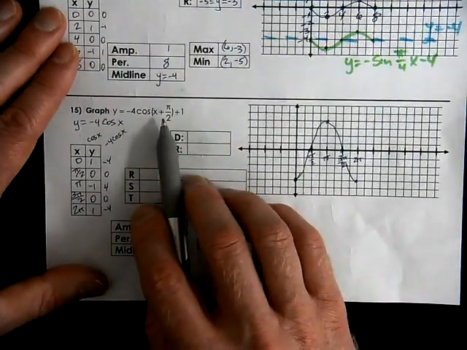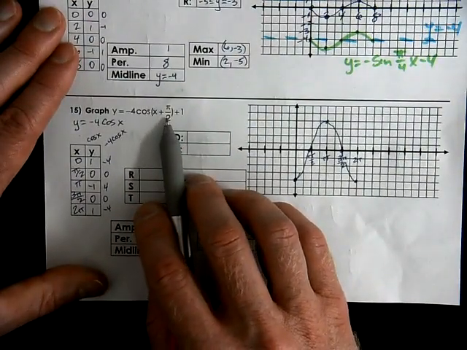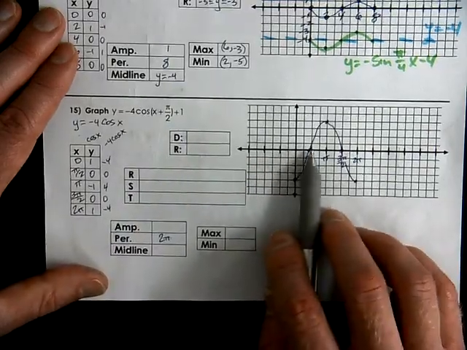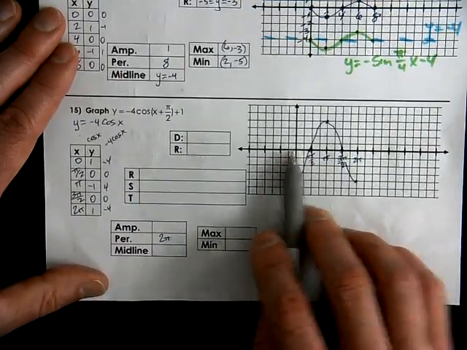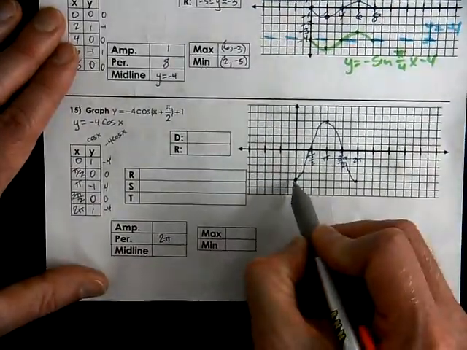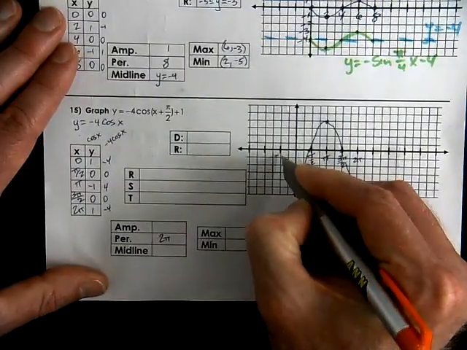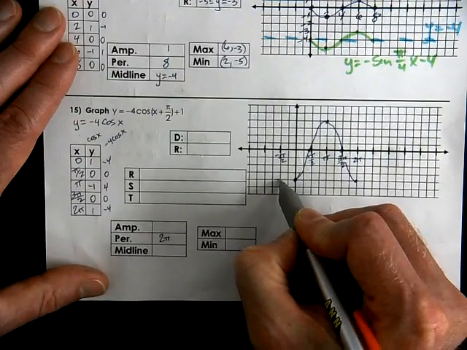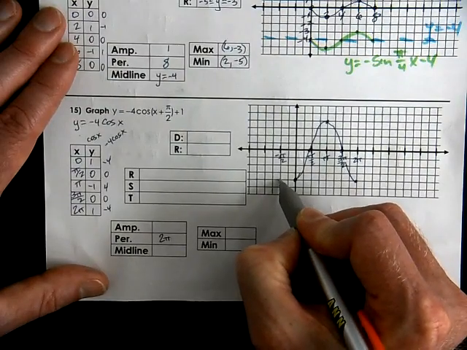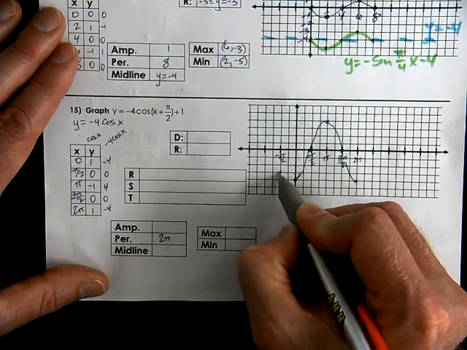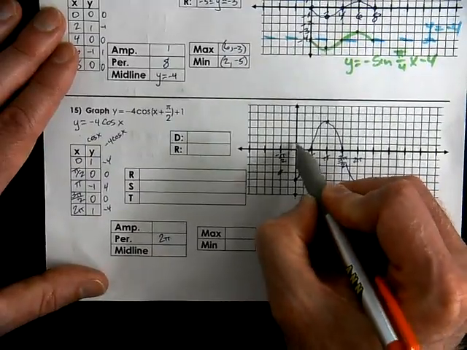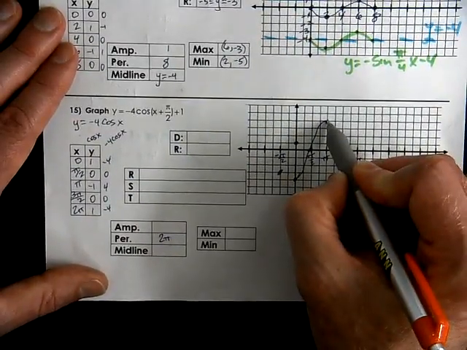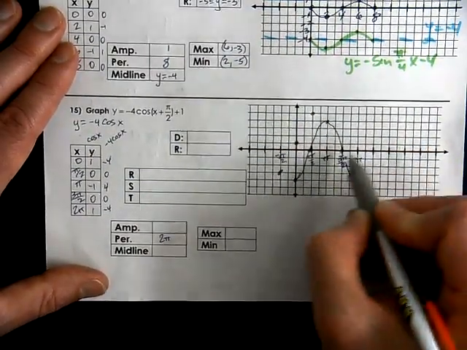So now we're going to translate it pi over 2 to the left, which is 1 step, and then 1 unit up. So this would be negative pi over 2, so we're going to go 1 step to the left, which is pi over 2, and a unit up, 1 to the left and a unit up, 1 to the left and a unit up.